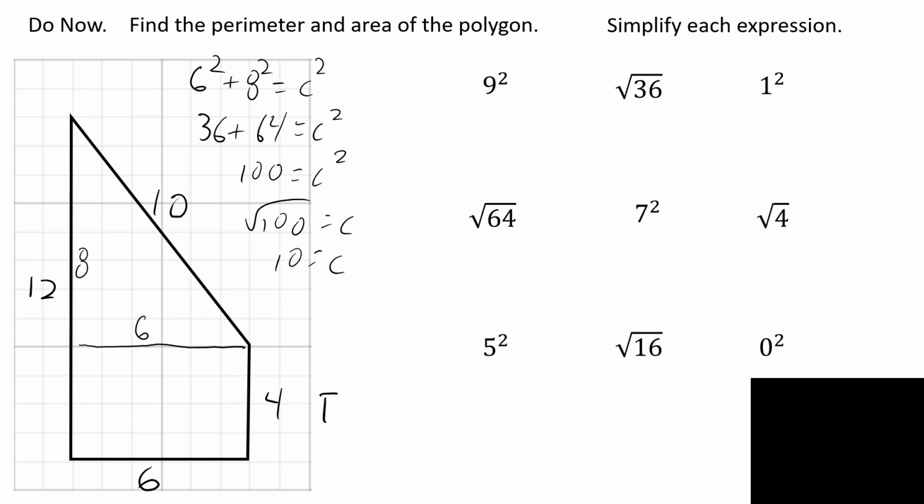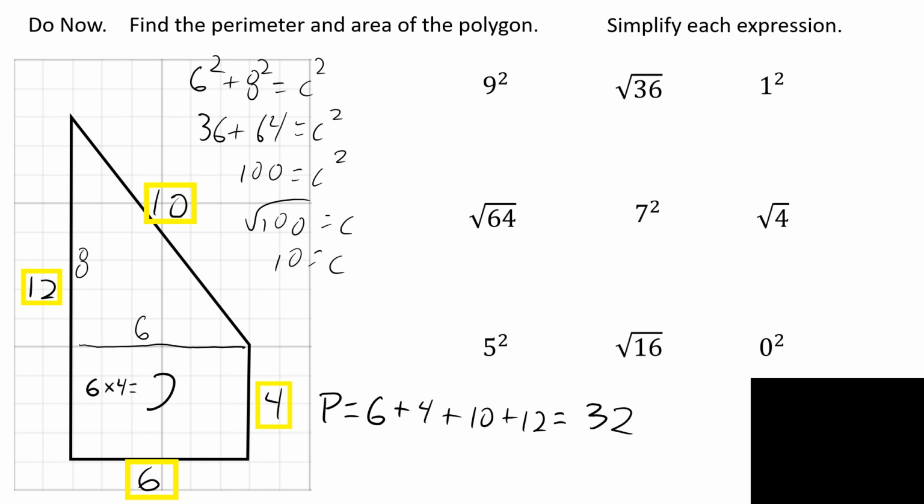So for the perimeter, we've got 6 plus 4 plus 10 plus 12. Again, notice I only use the numbers that are on the exterior for those lengths. I'm not using the numbers I used to find that length of 10. Those added up to 32.